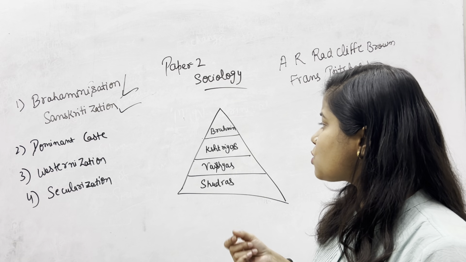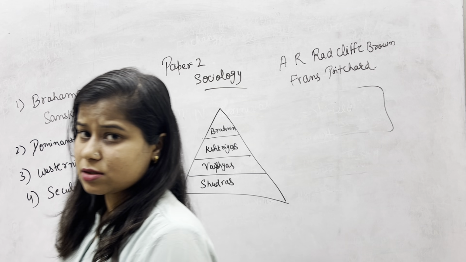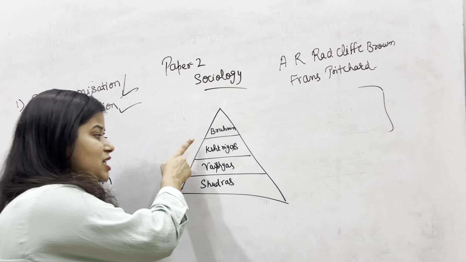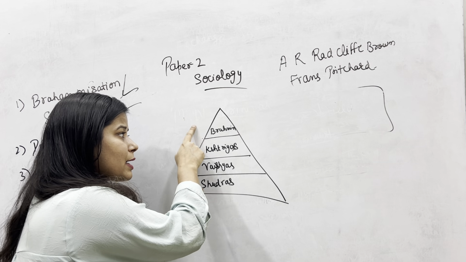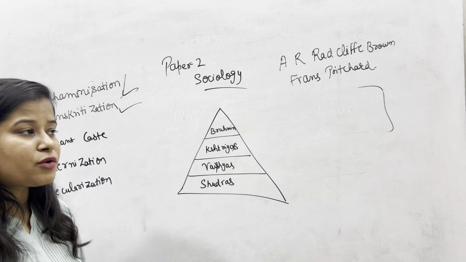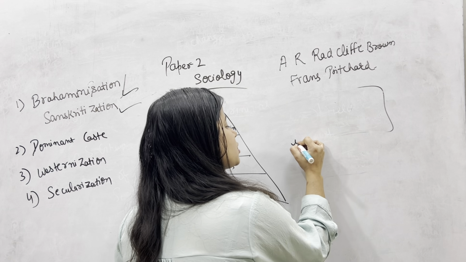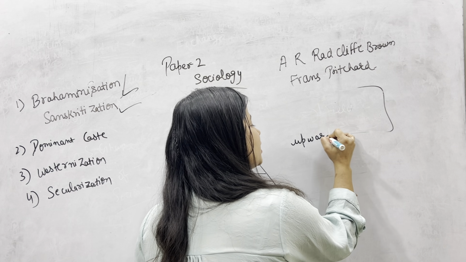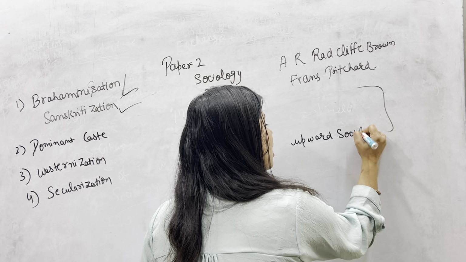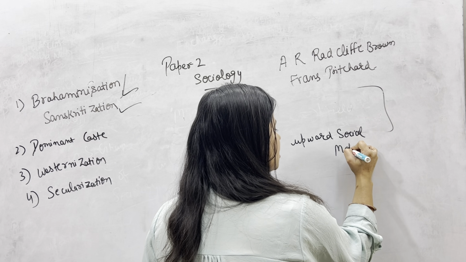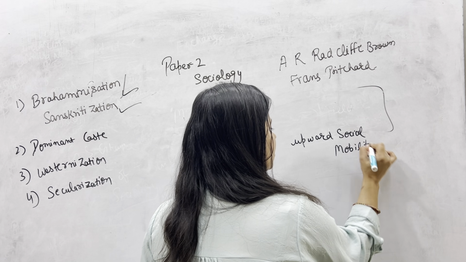Now the question arises, why are they copying the upper caste? The reason is they want social mobility. They want upward social mobility. They want to move upward in the ladder of this social hierarchy.